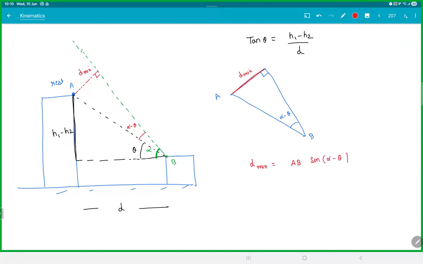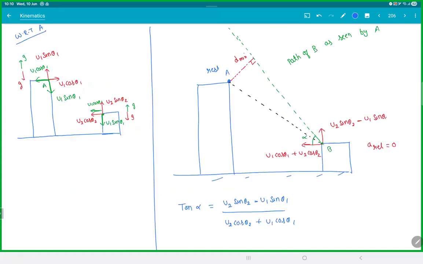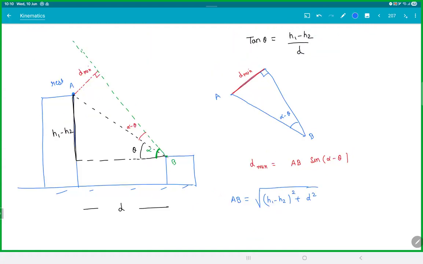And what is AB? AB is root over h1 minus h2 whole square, by Pythagoras theorem, plus d square. There are three variables: AB is this, theta is this, and alpha is this. That's what I said, this is a little complex. If numbers are given, you would have got something, but this is how we do it with variables.